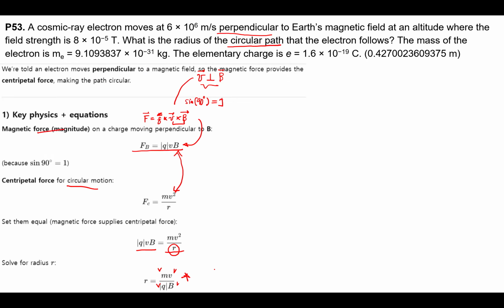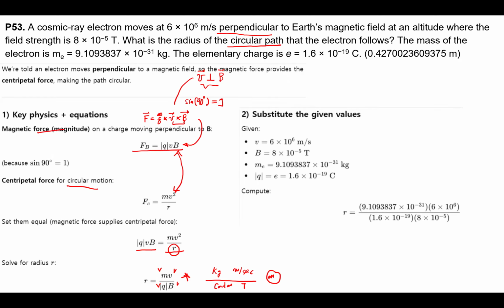But once again, we have to use kilogram and meter per second, Coulomb, and Tesla, and then we can get meters. Note that everything is used in this unit.